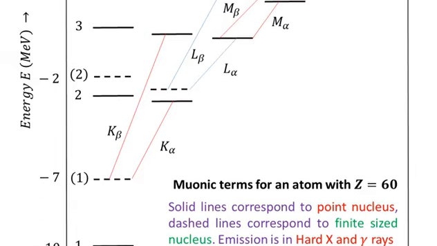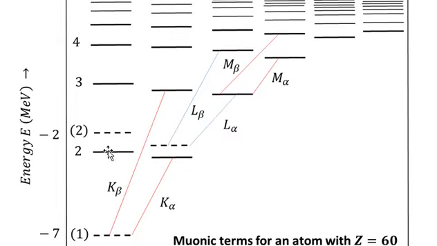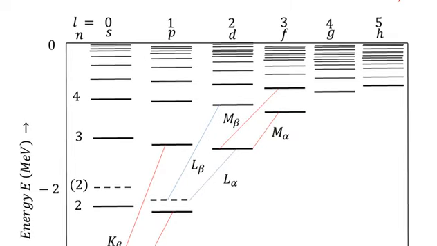And then you can see that this is the second state represented by the principal quantum number 2, and this is the state again represented by principal quantum number 2, but shown in dash, when the nucleus is considered as having a finite size. And then of course I have shown only the solid lines above, because I am assuming that the nucleus is considered as a point particle. So this is the principal level corresponding to principal quantum number 3, the level corresponding to principal quantum number 4, and so on.